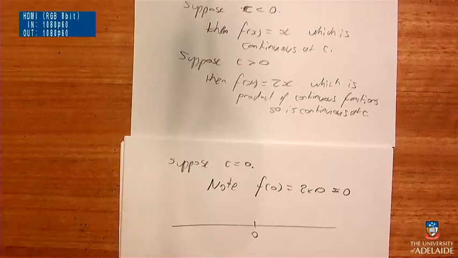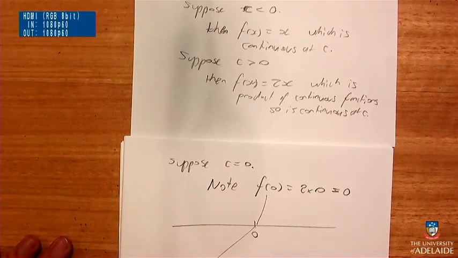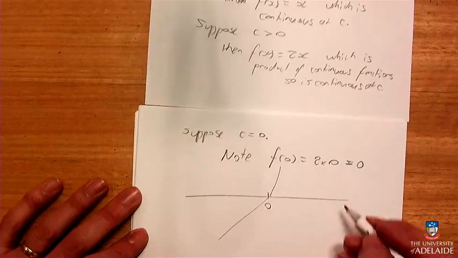So I'm just going to think about this. This is 0. And I know what it looks like as a graph of a function. It's x here and it's 2x there. So it's steeper on this side than it is on that side.